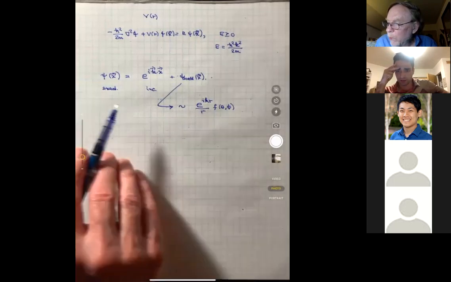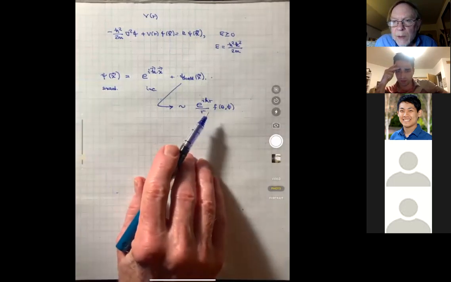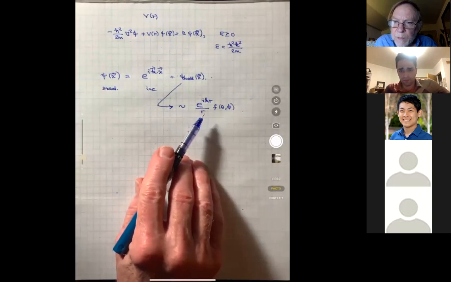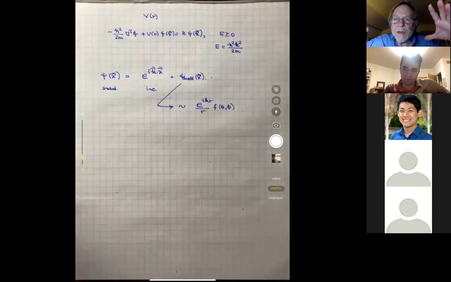Oh, well, there's an argument that I gave in the last lecture, which has to do with the conservation of probability. If you imagine that at sufficiently large distance the potential can be neglected, then this has to be a free particle solution. And what that means is you imagine a spherical wave propagating outwards.